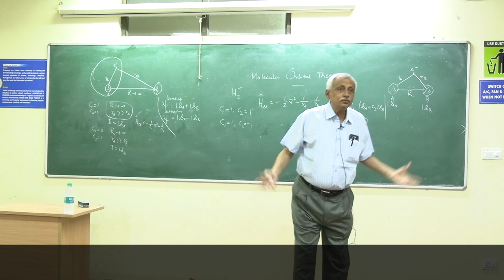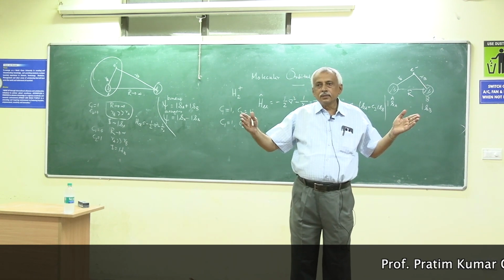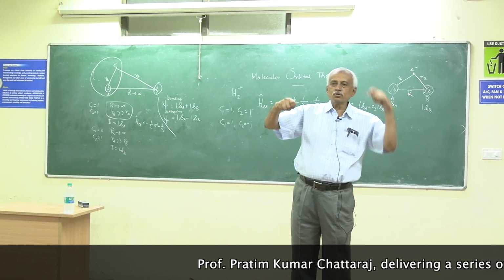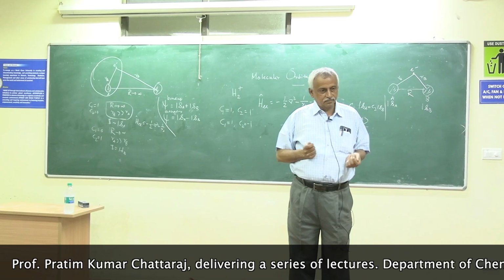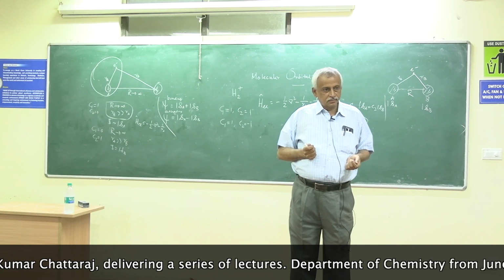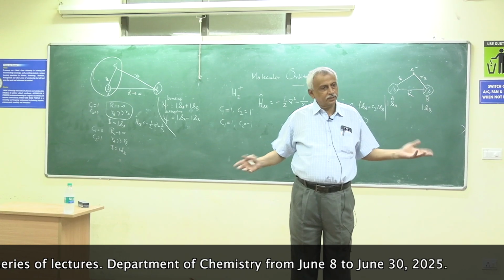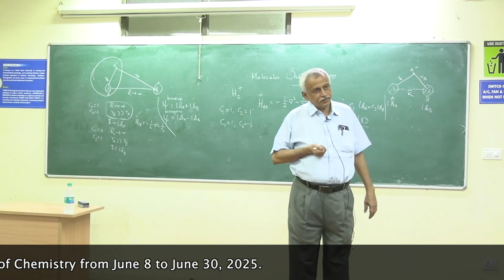So your common sense will tell that if the electron is somewhere in between, close to both A as well as B, then the corresponding trial function would be a linear combination of 1sA and 1sB. In one limiting case, it would be 1sA, in another limiting case, it would be 1sB.